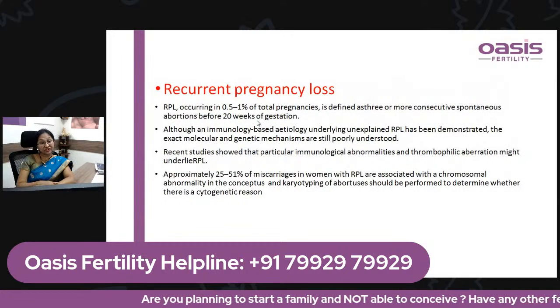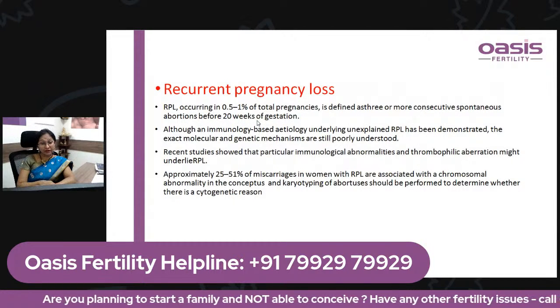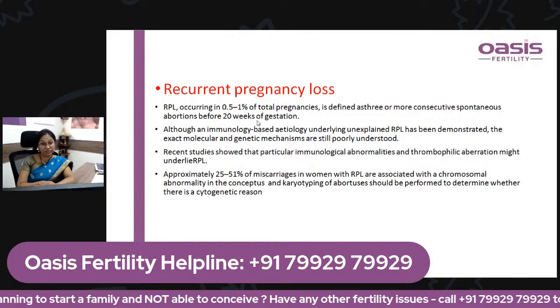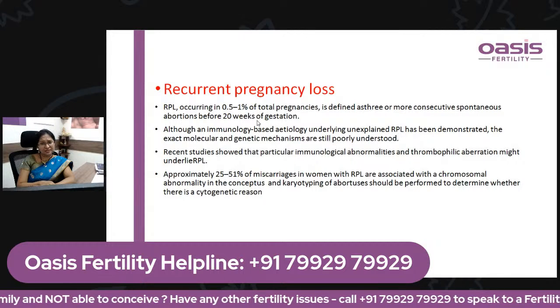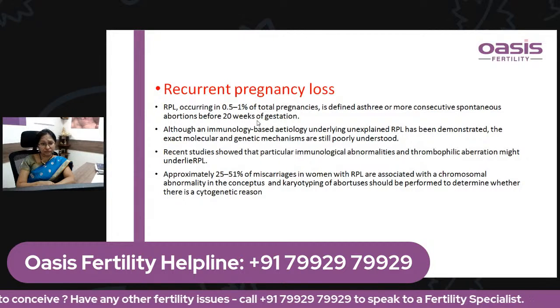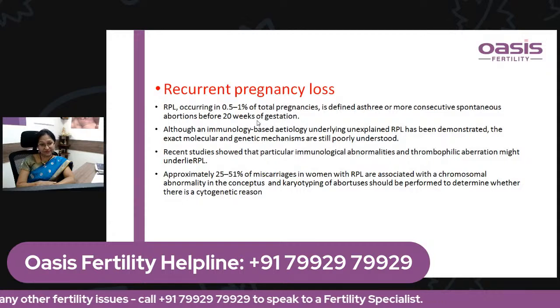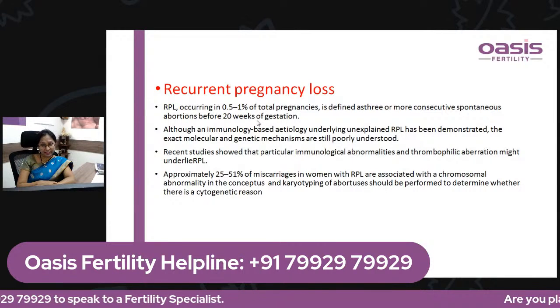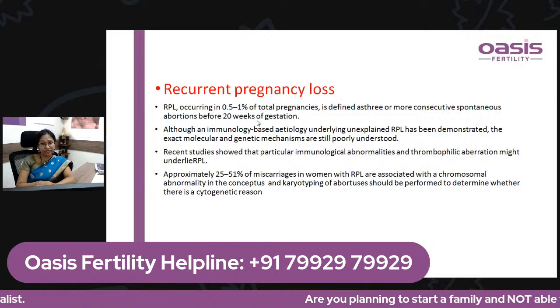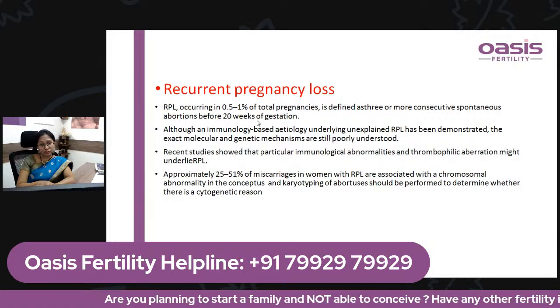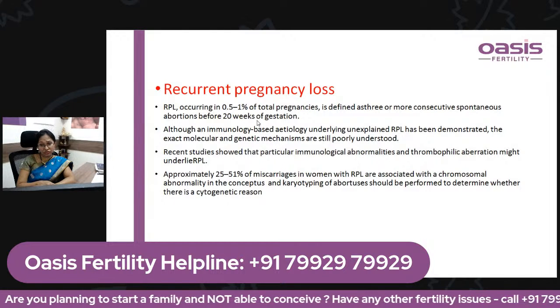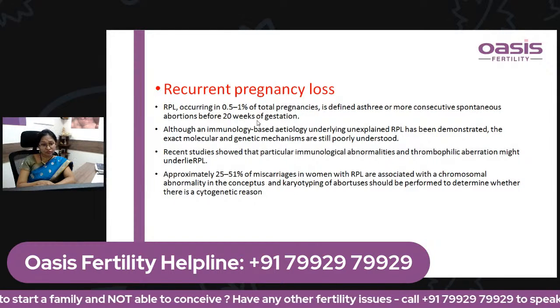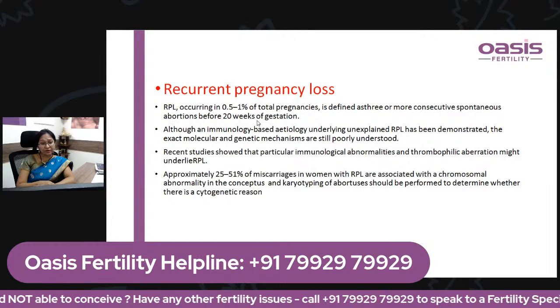Recurrent pregnancy loss occurs in around 0.5 to 1% of total pregnancies and is defined as 3 or more consecutive spontaneous abortions before 20 weeks of gestation. Although the immunology-based etiology underlying unexplained recurrent pregnancy loss has been demonstrated, the exact molecular and genetic mechanisms are still poorly understood. Recent studies showed that particular immunological abnormalities and thrombophilic aberrations might underlie recurrent pregnancy loss.